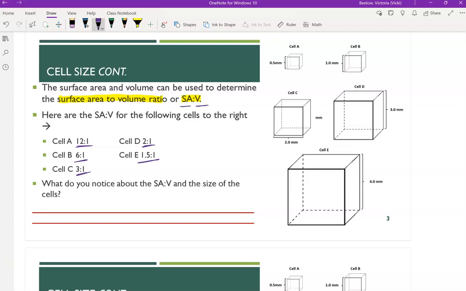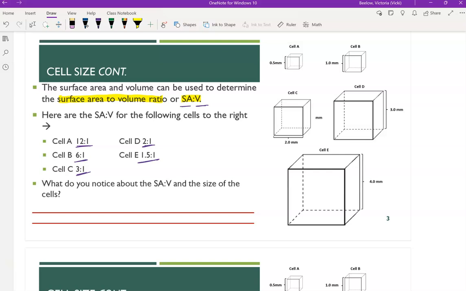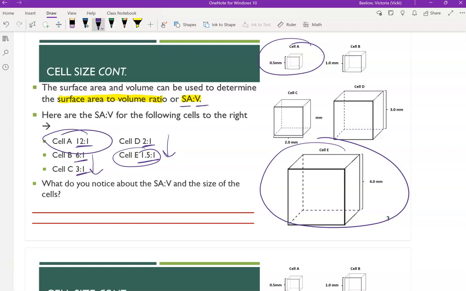Okay, so we have cells A through E, and we have the ratios already calculated for us. You can see that cell A has a 12:1 ratio. And then as we go, that ratio starts to decrease, ending with cell E. What do you notice about the surface area and the size of the cell?